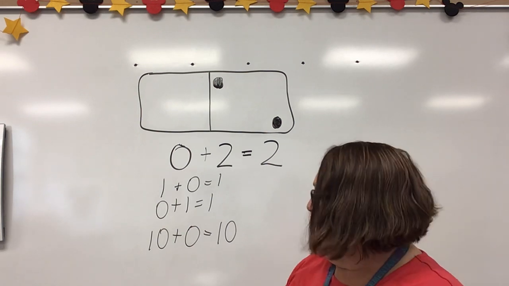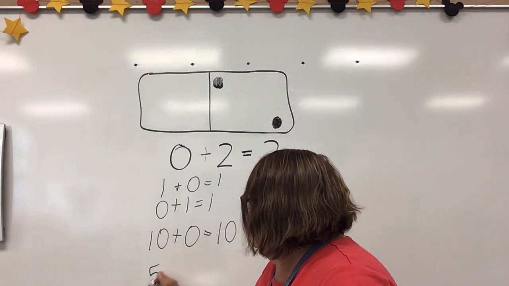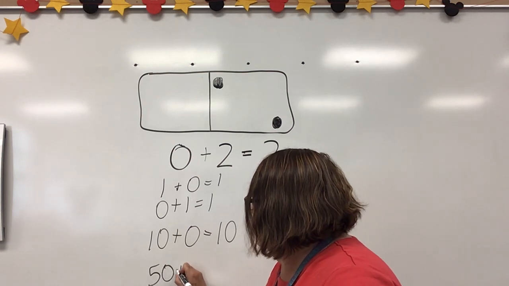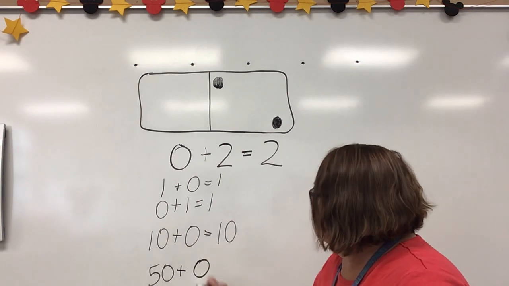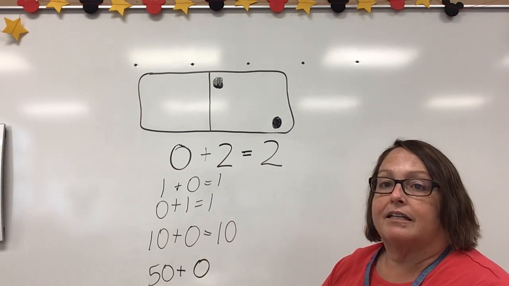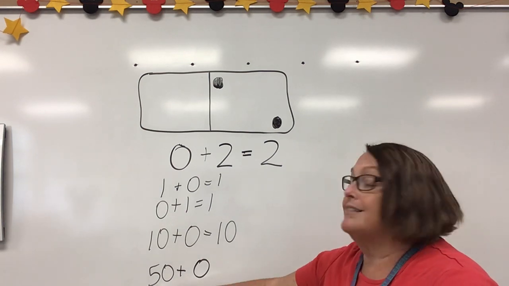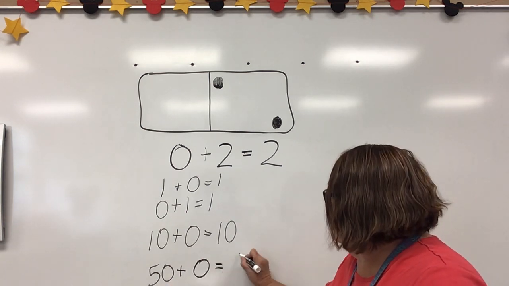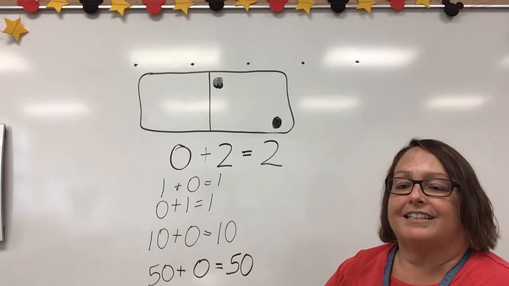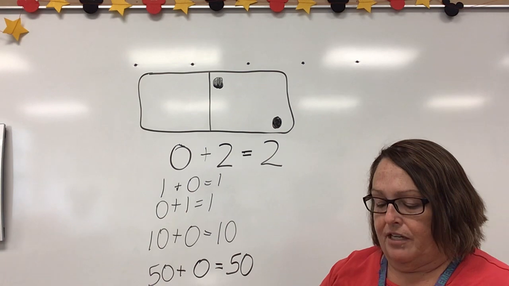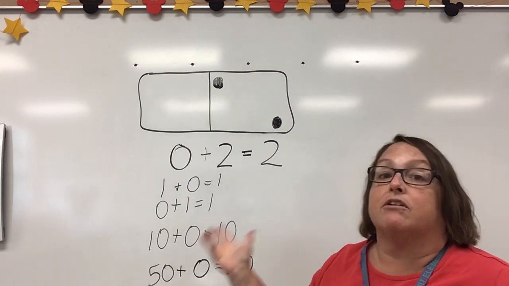Okay, let's get real crazy now. You ready? What if I have 50 on one side? One part has 50, and the other part doesn't have anything. How many do I have? I still have the 50, don't I? And now, just for fun, what if I have 1,000,000?